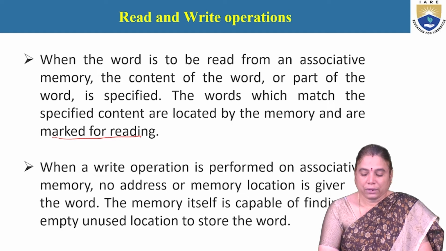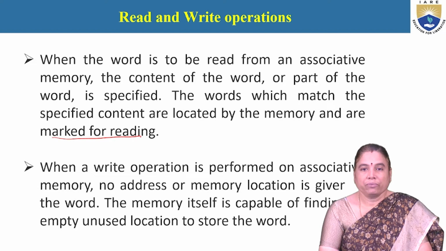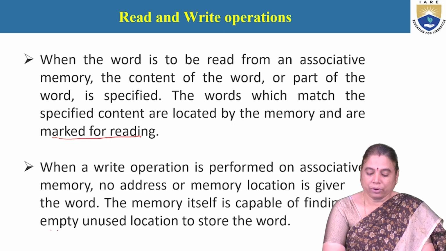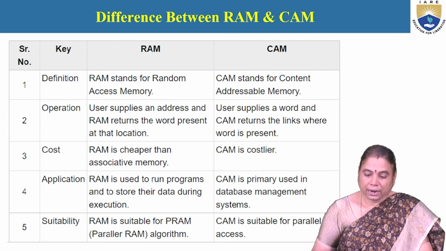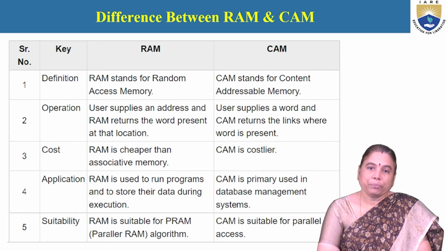When a write operation is to be performed on the associative memory, no address or memory location is given to the word. The memory itself is capable of finding an empty unused location to store the word. In this way, read and write operations can be performed on the content addressable memory or associative memory.